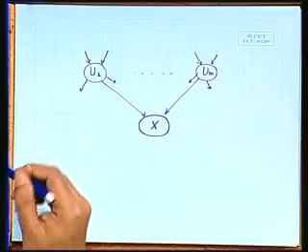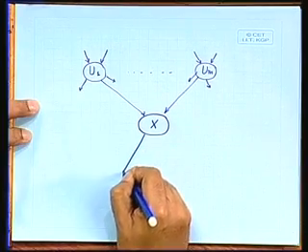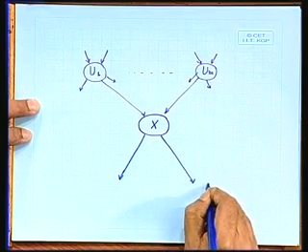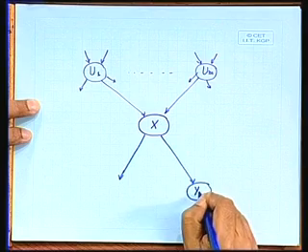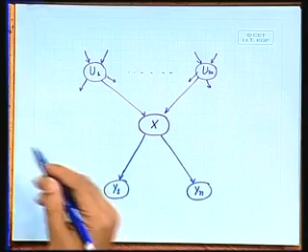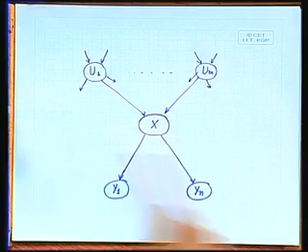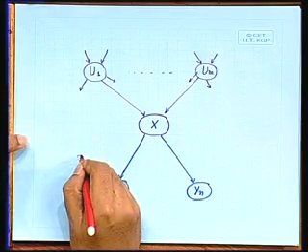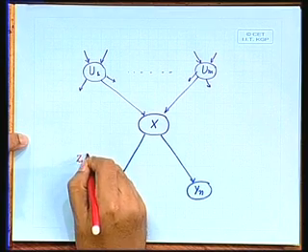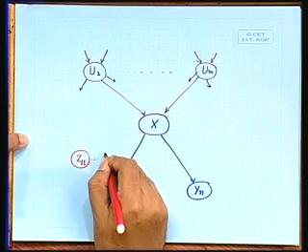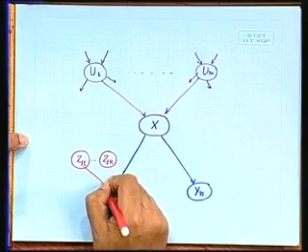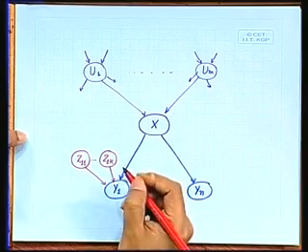And then towards the bottom we have the children of x, so y1 through yn, and each of these children in turn can have their own parents. So, z11 through say z1k.